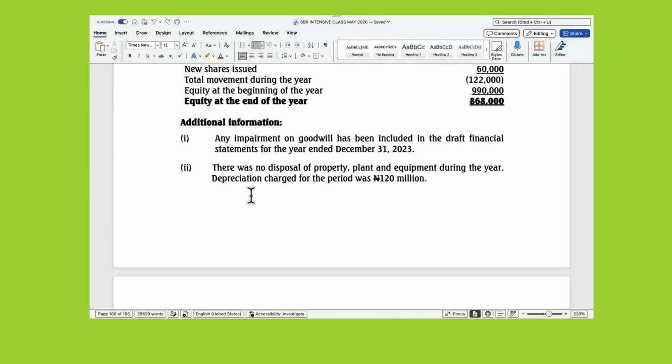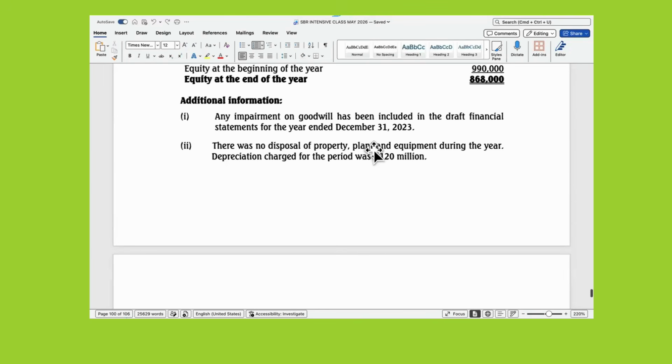Number two, it says there was no disposal of PPE during the year, and depreciation charge for the period was 120 million.